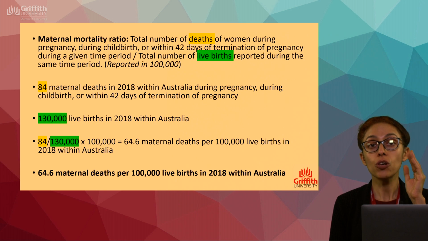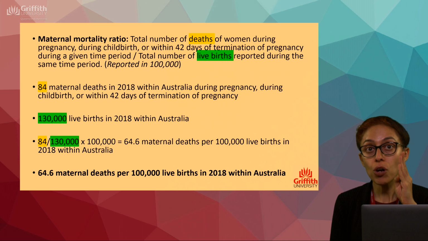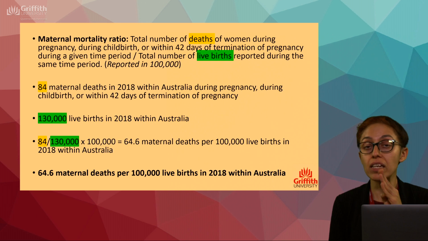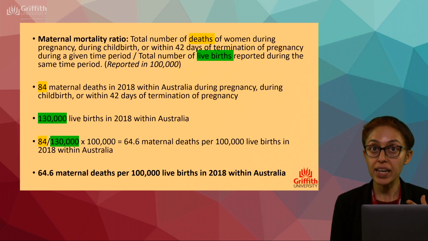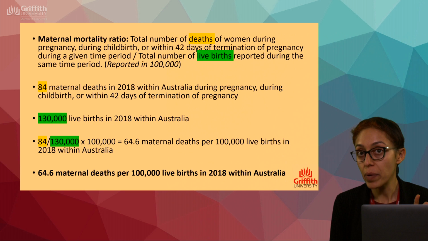So you have 84 maternal deaths in 2018 which occurred within Australia. Again hypothetical, 84 maternal deaths in 2018 in Australia which happened during pregnancy, during childbirth, or within 42 days of termination of pregnancy.